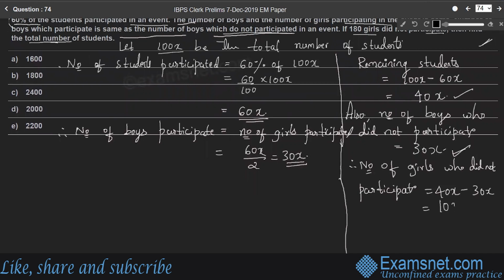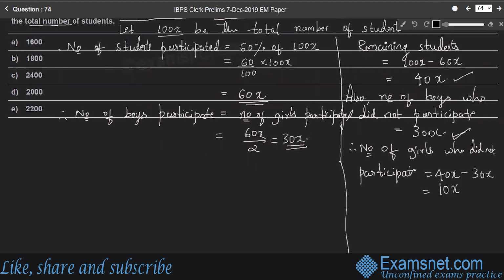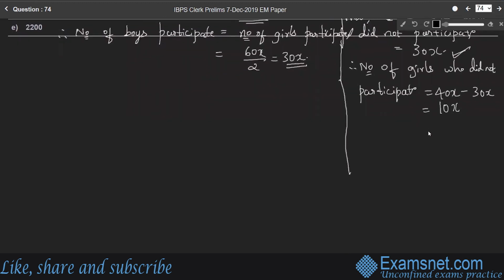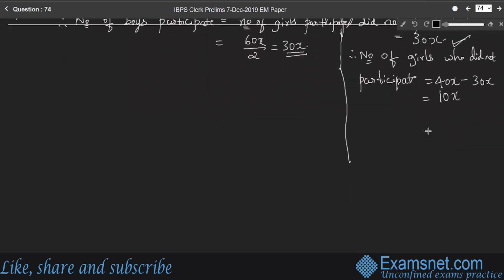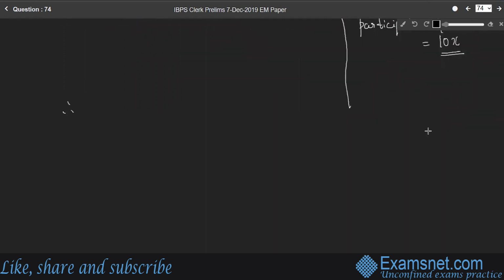So 10x girls have not participated in the event, right? Therefore, it is given that 180 girls did not participate in the event. So we can equate 10x to 180, right? Therefore, 10x is equal to 180. Therefore, x is equal to 180 by 10, which is 18.